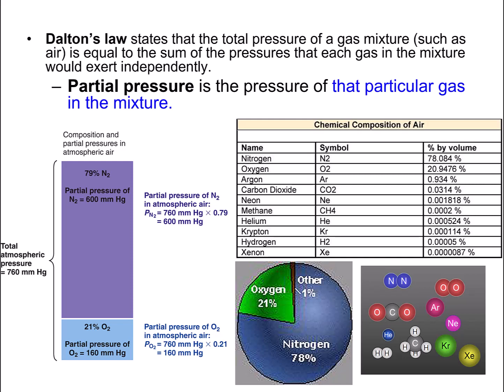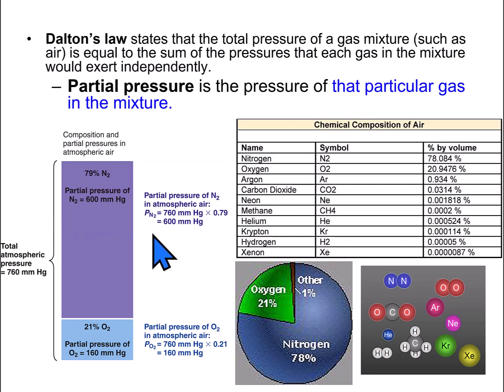For example, if we look at atmospheric pressure, which is 760 millimeters of mercury of pressure, how much does the nitrogen contribute to this? About 79% of the atmosphere is made up of nitrogen. And so 79% of 760 winds up being 600 millimeters of mercury of pressure. So that's its partial pressure of nitrogen.